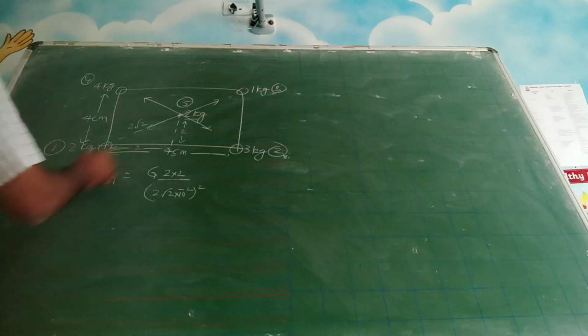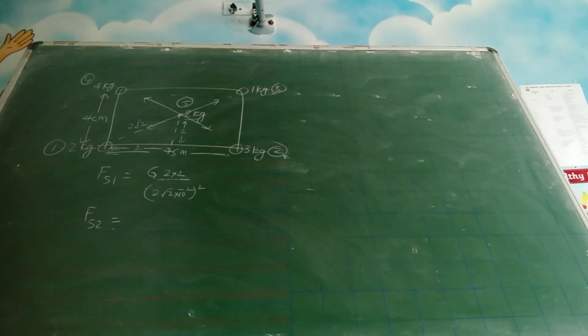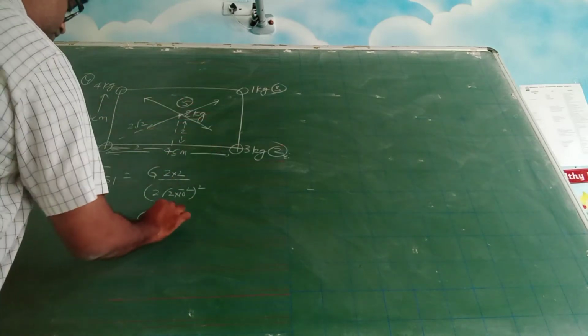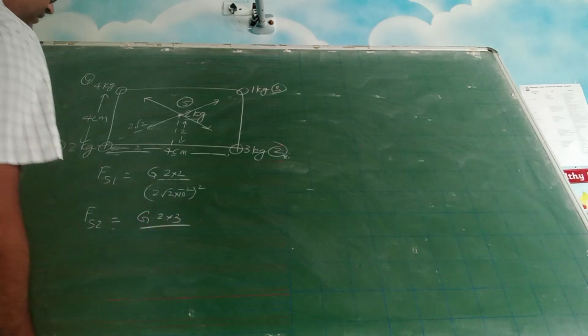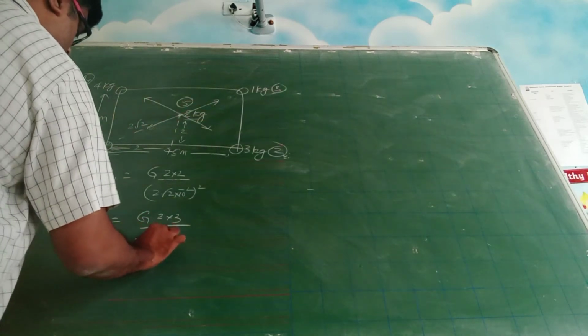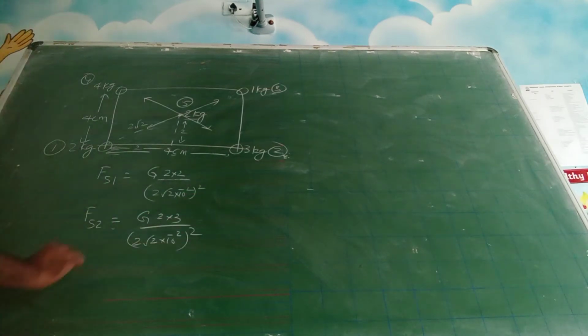So that is about F51. Now F52 will be G into, multiply the masses, 2 into 3 divided by, the distance will be same only. Okay, so it will be 2 root 2 into 10 to the power of minus 2, whole square.